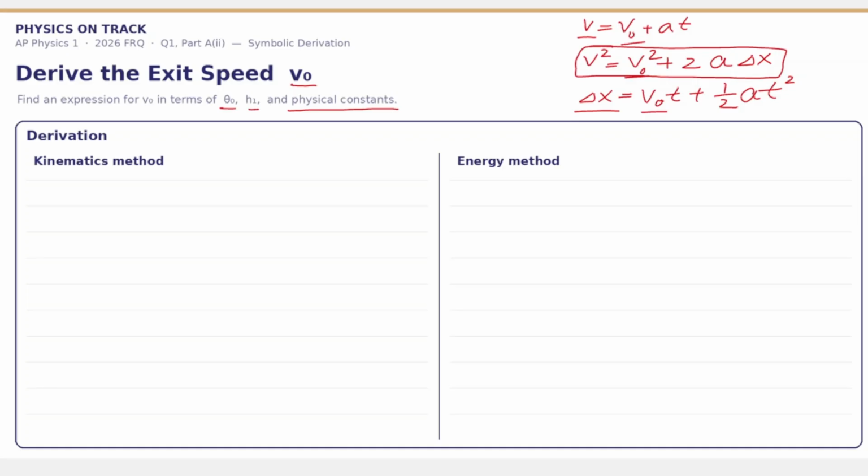So let's start with that, v squared, and then we will be doing this in the y direction because we don't know how much it travels in the x direction. What we know is how much it travels in the y direction for the maximum displacement. So I'm going to use that equation in the y direction, v0 squared plus 2 times a times delta x. Let's put x now, and then we can substitute later.